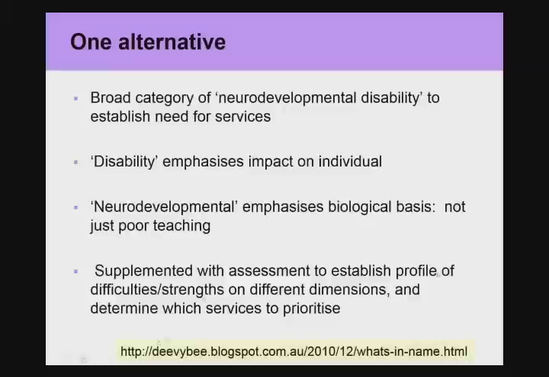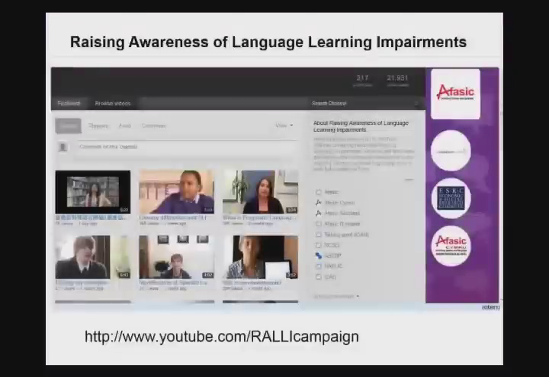Once you'd established that the child fell in that broad category, you would be assessing the entire profile of strengths and difficulties in a multidisciplinary way, knowing that a child who fell in that category would probably have more than one area of difficulty.